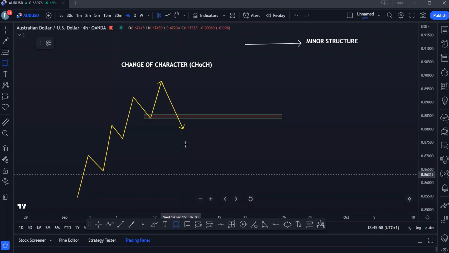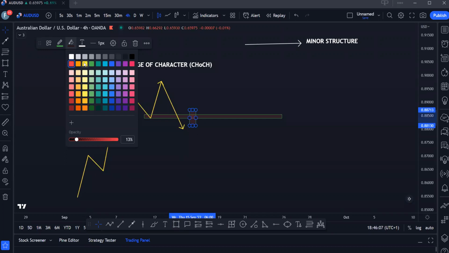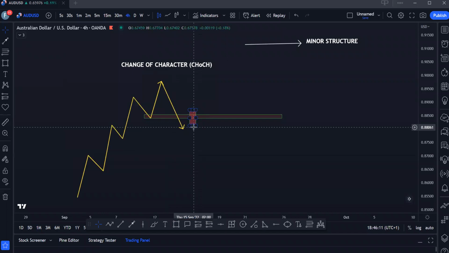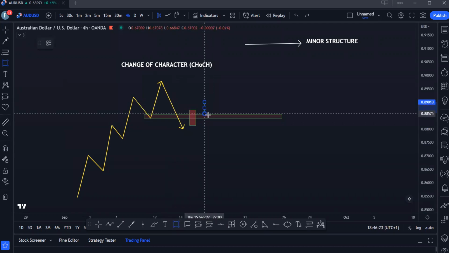So price can be broken like so. So this is a bearish candle. The body can break below it, or price can do this, or it can be broken by a wick like so.